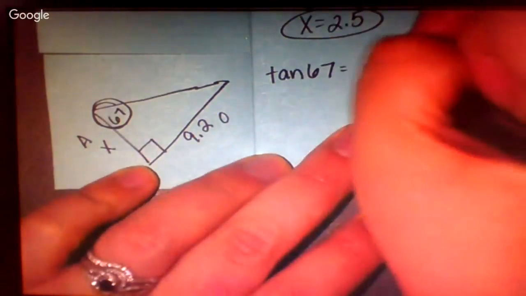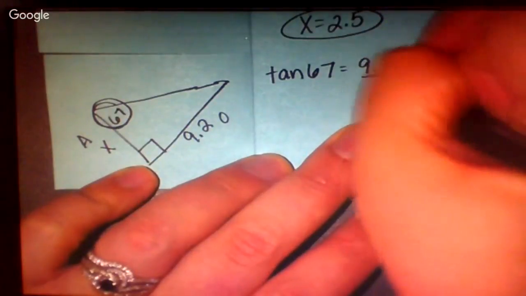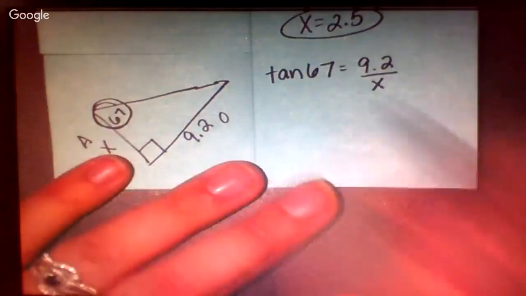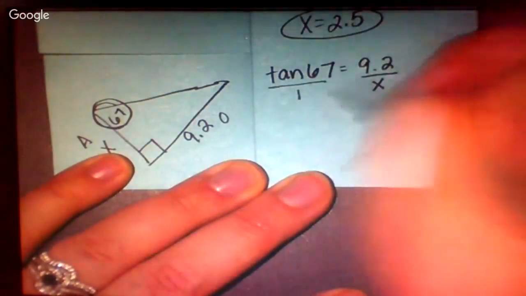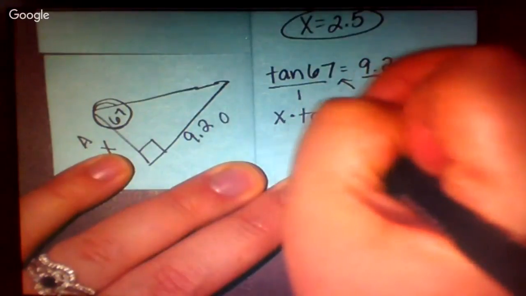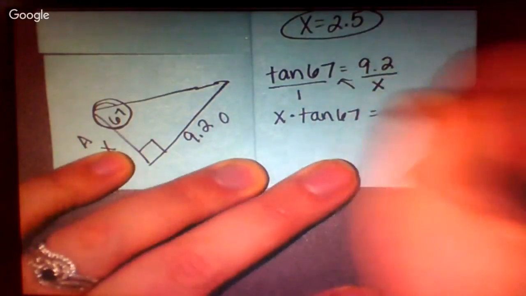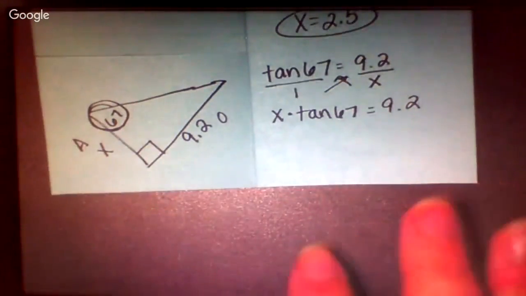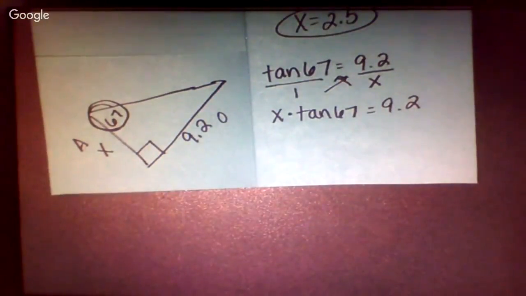So 9.2 goes on top. X goes on bottom. Put this over 1 and cross multiply. So we get X times the tangent of 67 equals 9.2. X is not by itself this time. I'm going to have to divide by the tangent of 67.